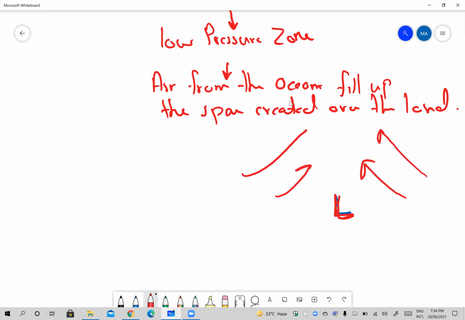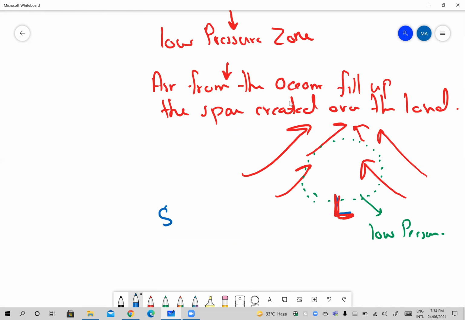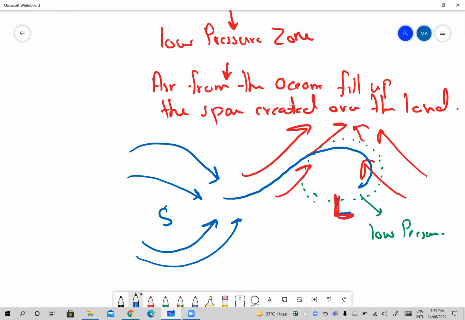And let's say this is the part where a space is created, this green dotted line here. This is a temporary space that's been created, or you could say this is the low pressure zone. Now this is, for example, the sea here, and the air of the sea is relatively cooler because of the greater density, so it will travel and take the place of this area here.